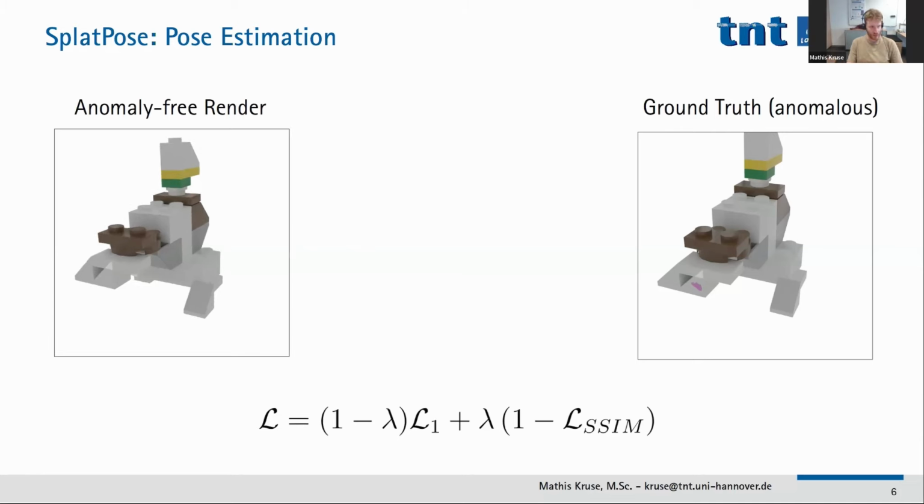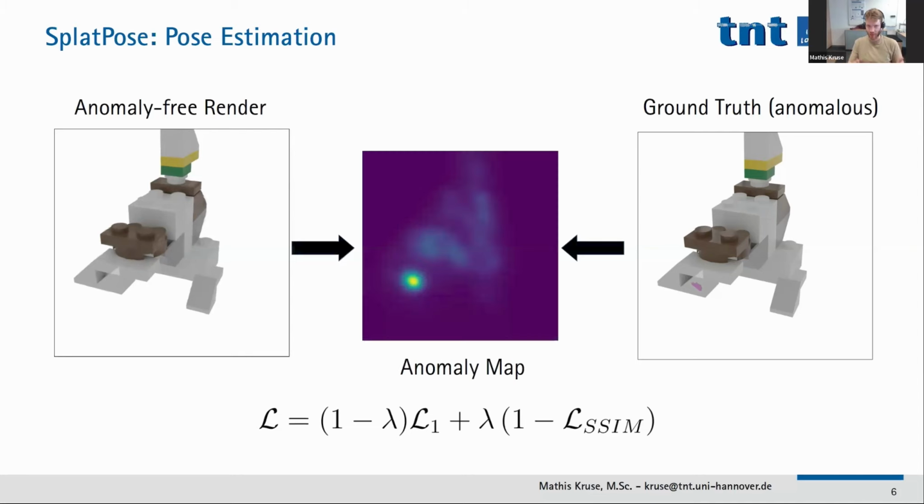This is done iteratively, and with each iteration, the pose between our current rendered object and the test image gets closer and closer until they are sufficiently close that we can pretty much just compare the two images, like pixel-wise, or we can extract features and compare these features, and thereby get an anomaly map, which shows us that actually this is the only spot where these pictures significantly deviate, and this is where the anomaly is.